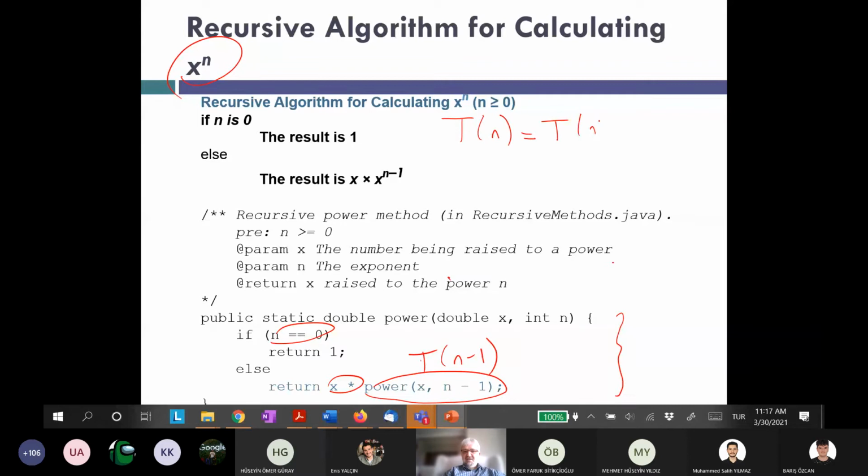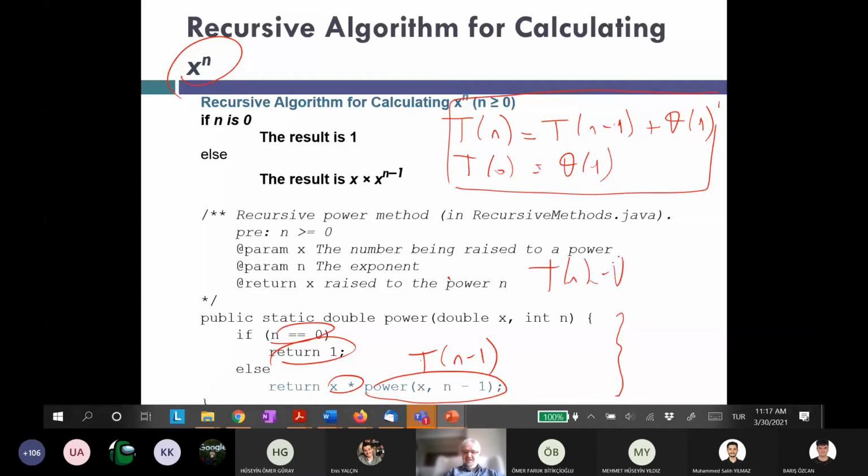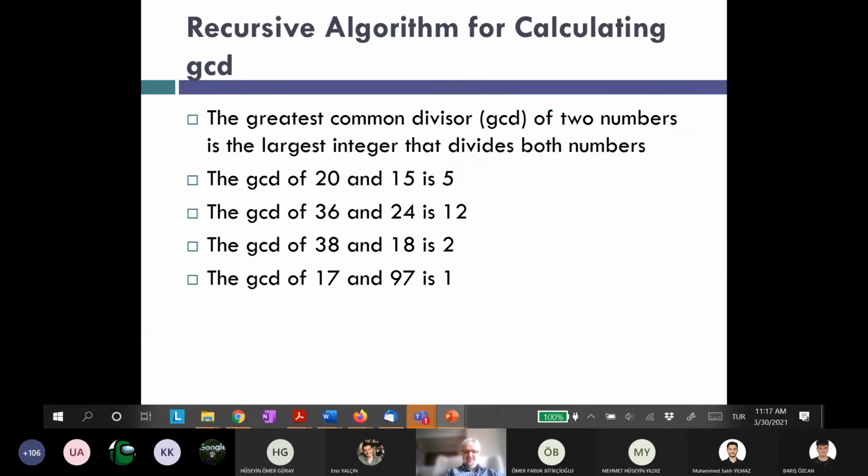So it will be T of n minus 1 plus constant time, right? And we know that T0 is constant time, returning 1, right? So we know how to solve this recurrence relation, and we know that Tn is theta n for this recurrence relation, right? Again, you can prove the correctness of this algorithm easily.